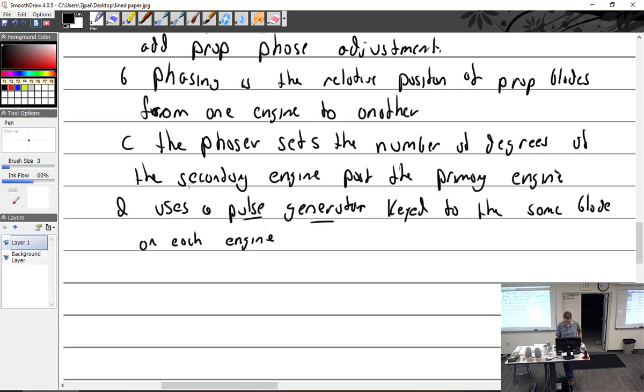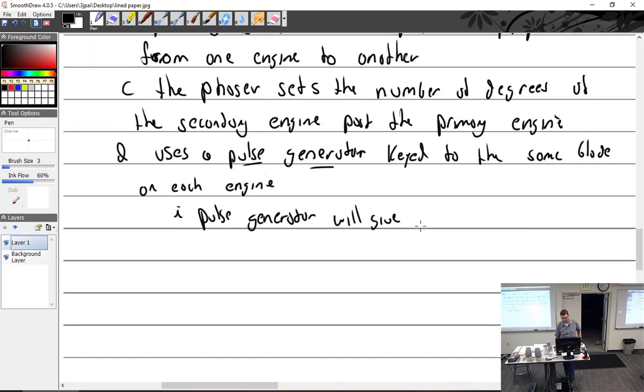Let me see. Pulse generator will give RPM as well as position. The pulse generator will give RPM information, as well as position or phase.